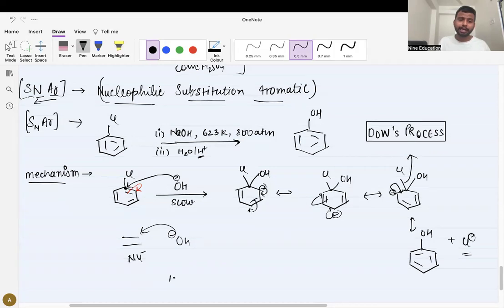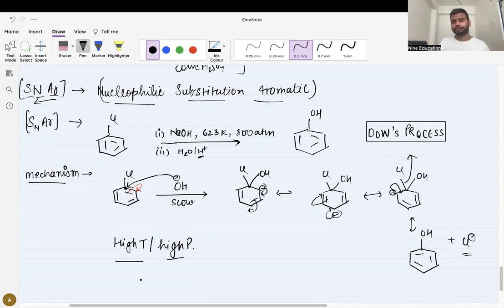In the Dow process, high temperature and high pressure are given. If we want to carry out this reaction, you are given high temperature and high pressure. So this reaction happens at high temperature and high pressure.